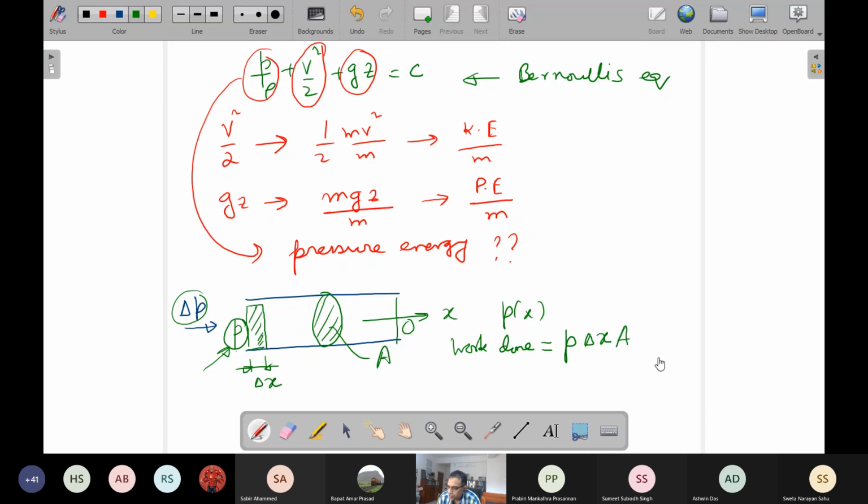So P into delta x into A. Okay. So the work done is P into delta x into A.